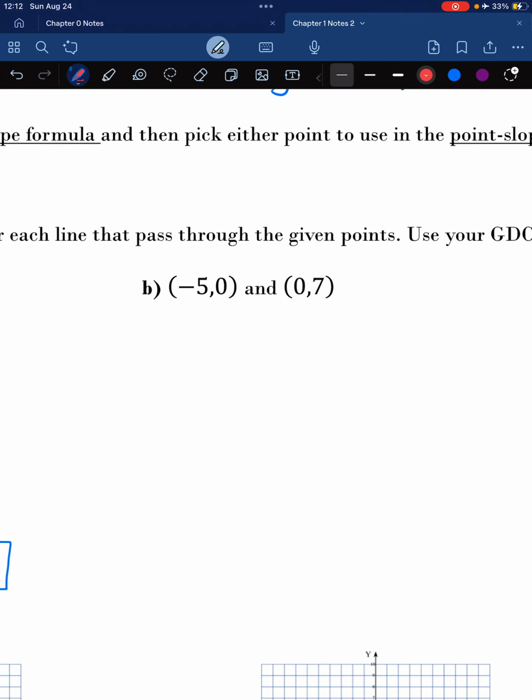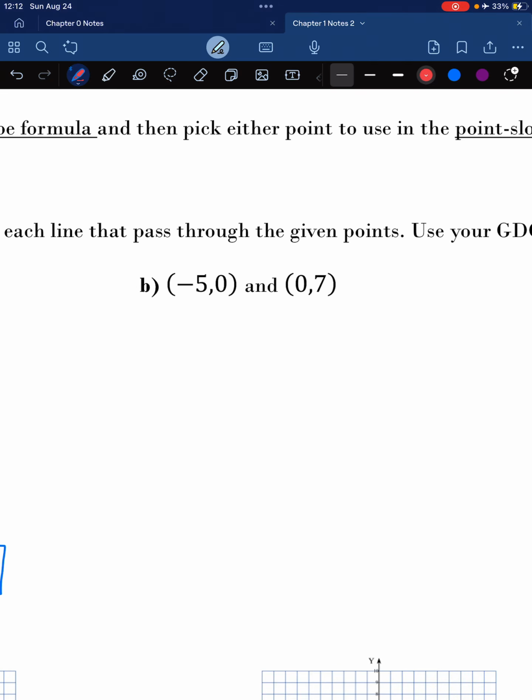Okay, so let's go ahead and do the same thing on B. So on B, we're actually given the x-intercept and the y-intercept. So we could write this in slope-intercept form if we wanted to, but we're going to need the slope regardless. Minus -5.